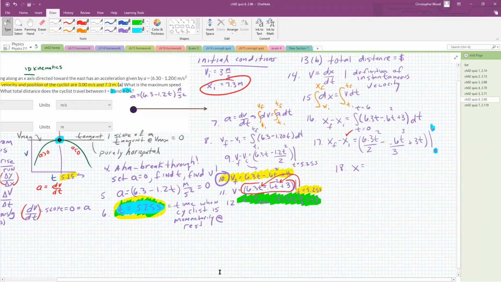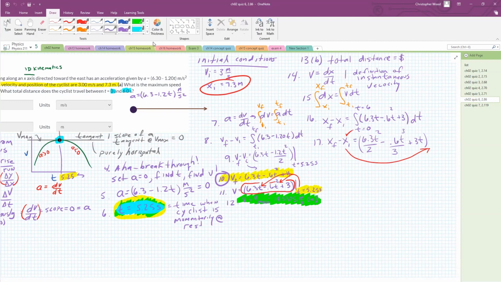Oh, oops. A little slight correction. Sorry. Let me just hold off on that and hold off on this. I forgot to bring the X initial over to the other side. So let me bring X initial over to the other side. So now this is what I'm going to figure out.